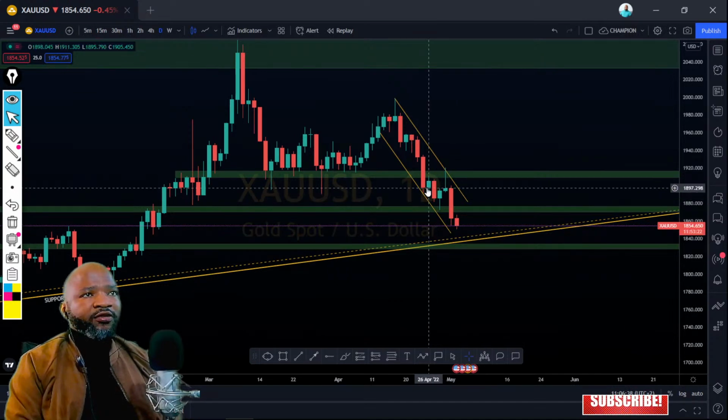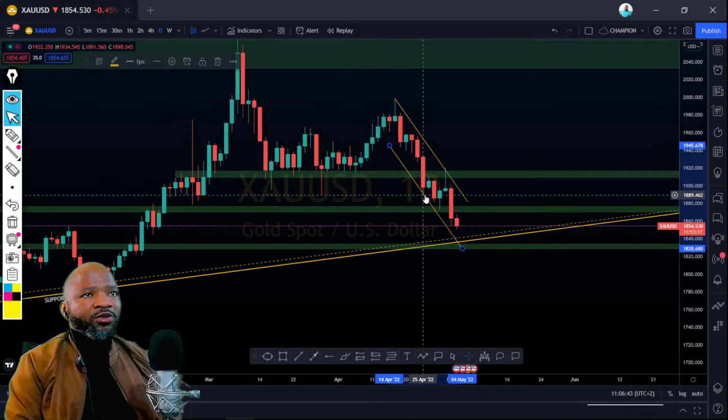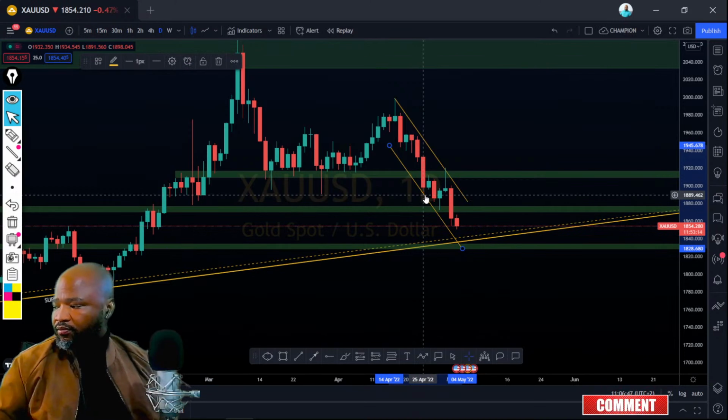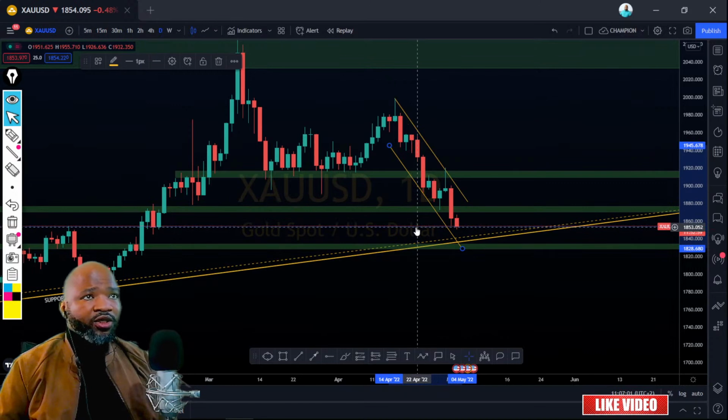So we just have to wait and see if our price is about to respect the setups. Let's just wait and see if our price respects the setups there.